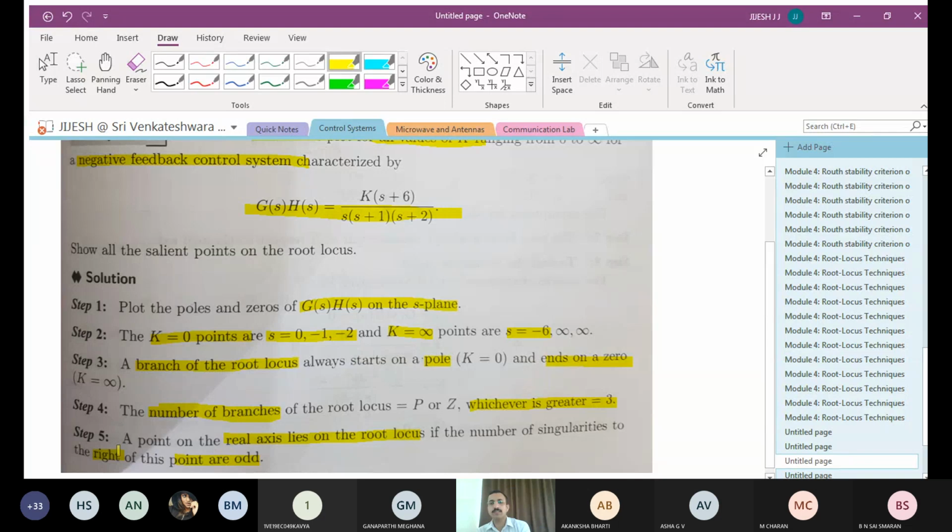So you can write all these steps one by one. After that you can continue with step 6 and step 7 and the rest. You can do this problem; I will discuss further. First you can complete all these things. Those who have completed, please move ahead with the rest of the steps.